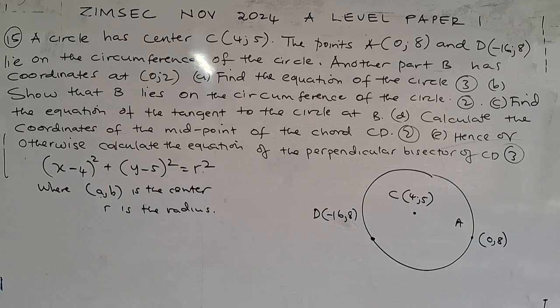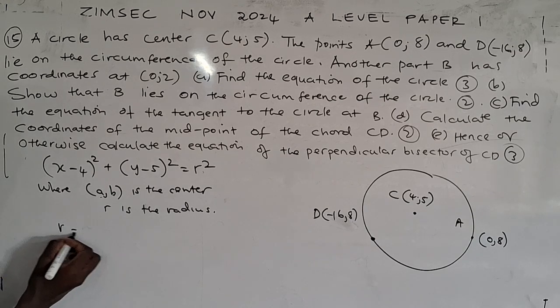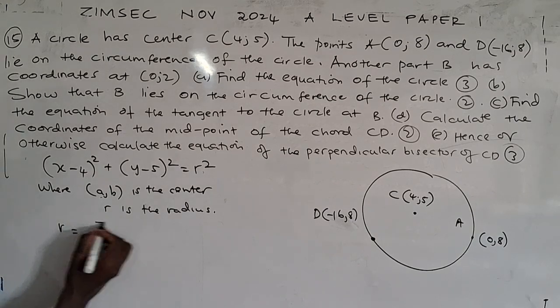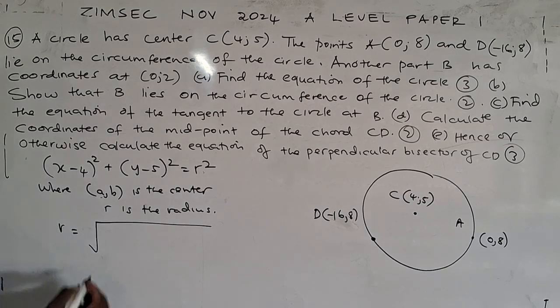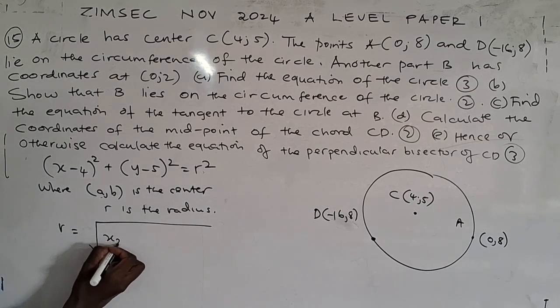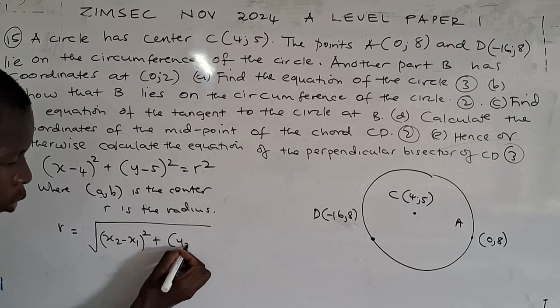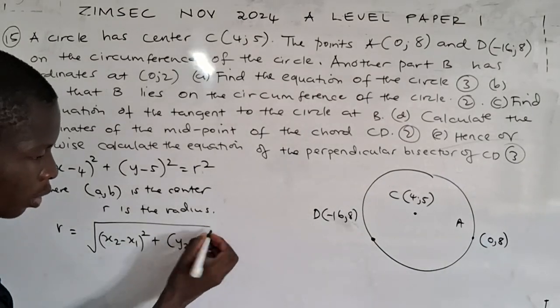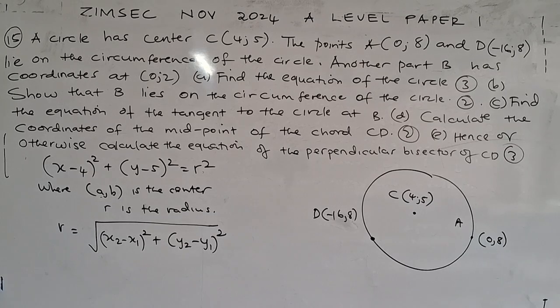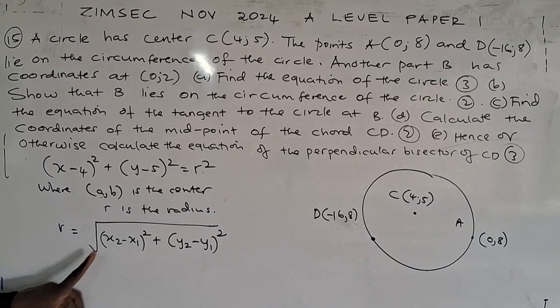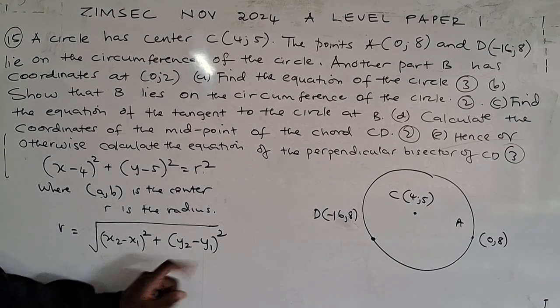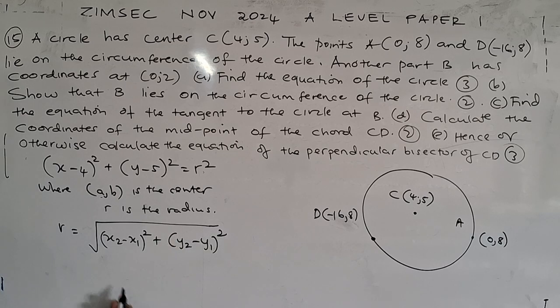So how to find the radius? R is equal to the square root of (x2 minus x1) to the power 2 plus (y2 minus y1) to the power 2. If you want to find the distance, it's x2 minus x1 plus y2 minus y1, and we take the squares.